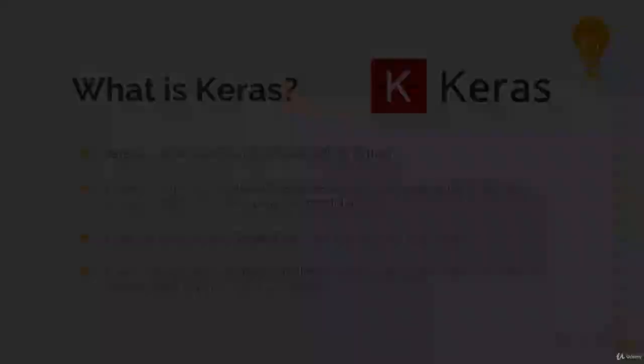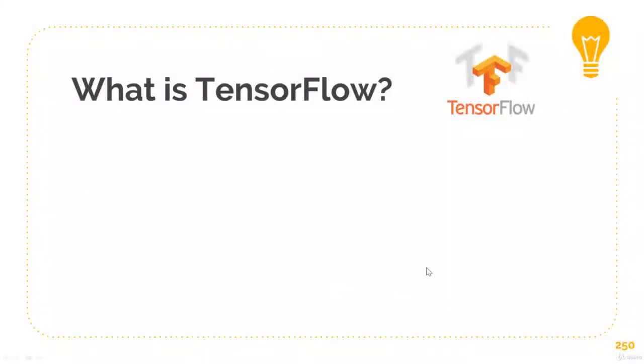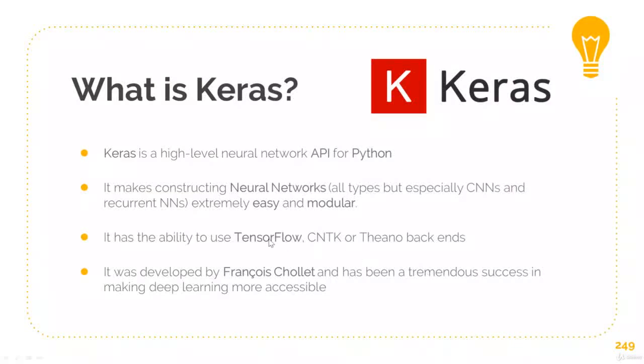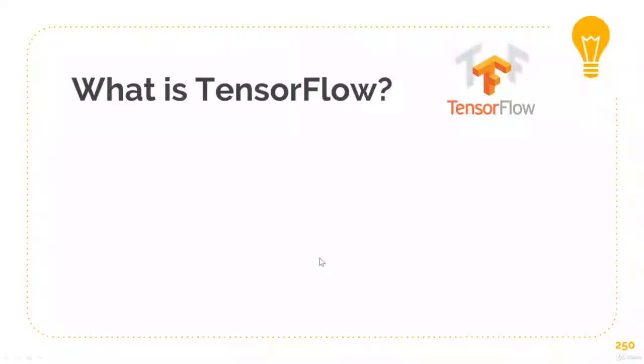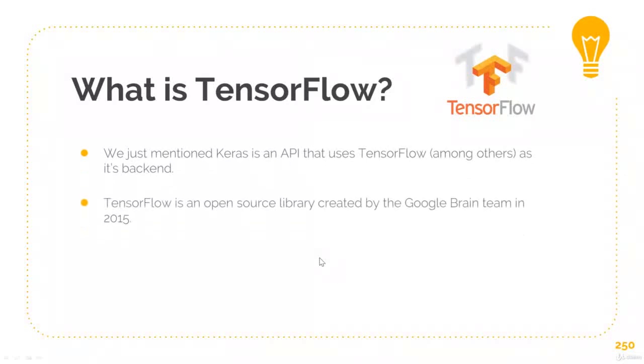So what is TensorFlow though? I said Keras used a TensorFlow backend, but what exactly is a backend? TensorFlow is an open source library that was created by the Google Brain team in 2015. It probably was being used inside of Google internally for many years prior to 2015.